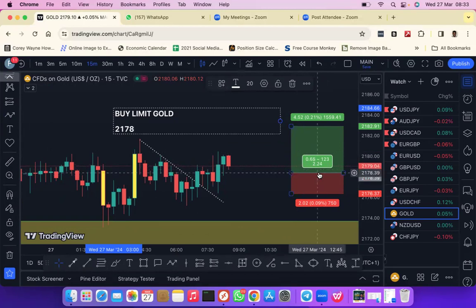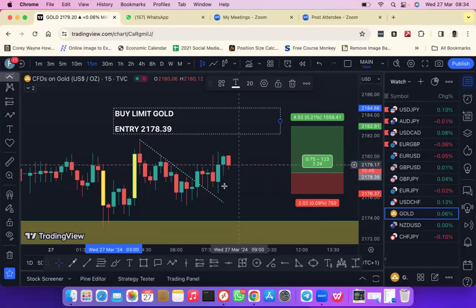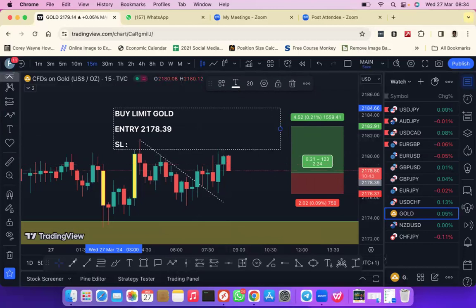This is 2178.39. Entry. Okay. And then your stop loss is going to be 2176.37.